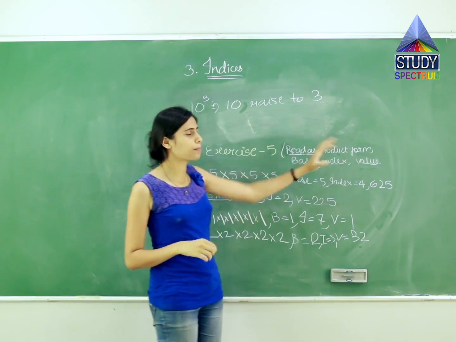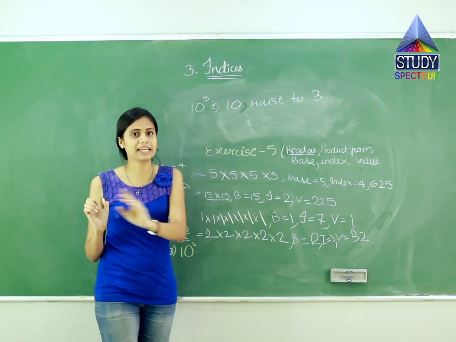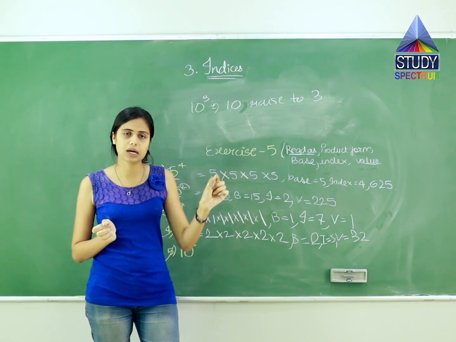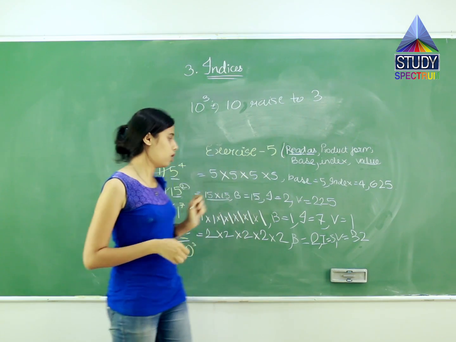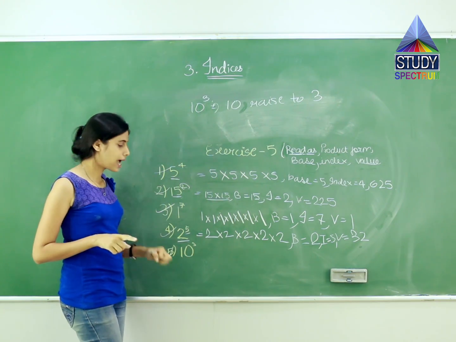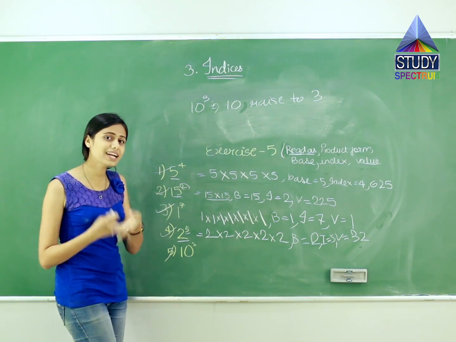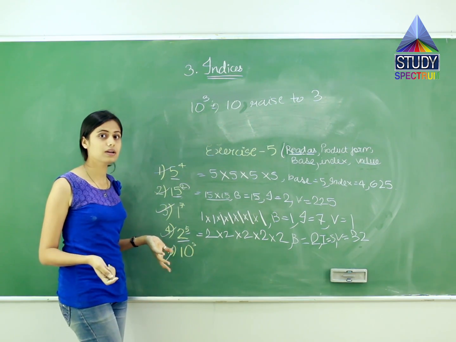Now tell me, what is the product form? The number in the base should be repeated how many times? The number given in the index. So look over here. In the base we have 10, and in the index we have 3. So how many times does this base have to be repeated?